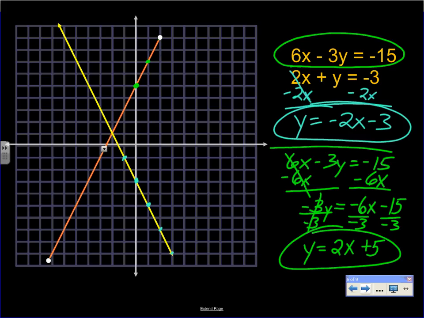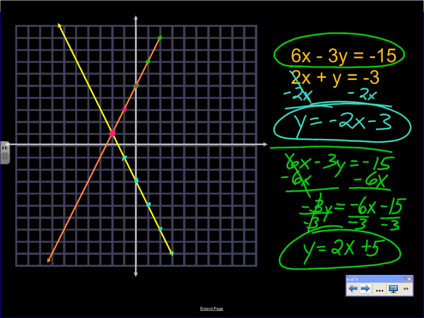And I'm checking to make sure that it's going through all of the points that has a slope of 2 over 1. And just because from our y-intercept here we went up 2 and to the right 1, that's also down 2 and to the left 1, down 2 and to the left 1. And right there is the point of intersection.